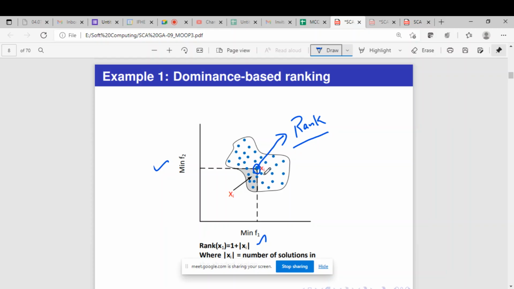There are two xi here. Small xi is just this individual. Capital Xi represents this entire region. Small xi is this individual, and we want to identify this rank only.